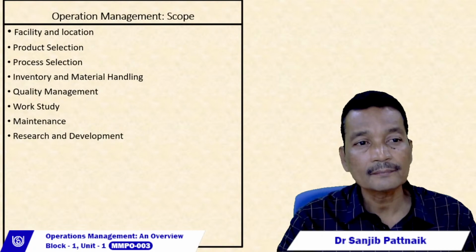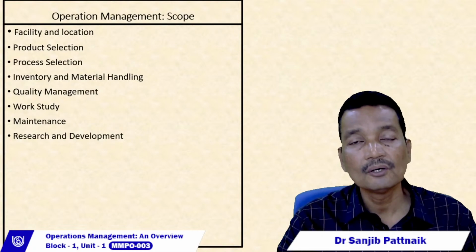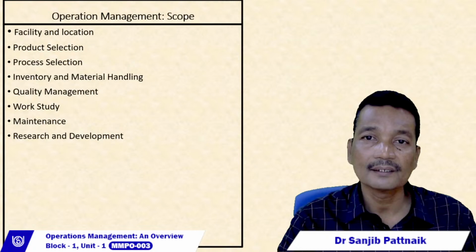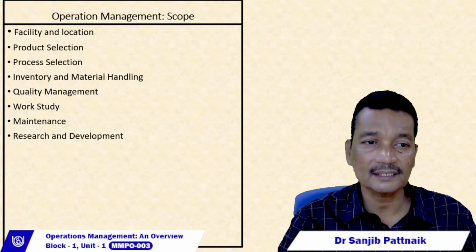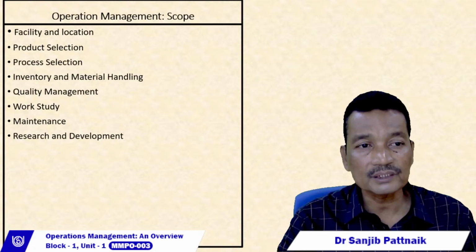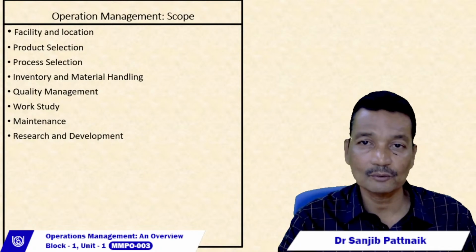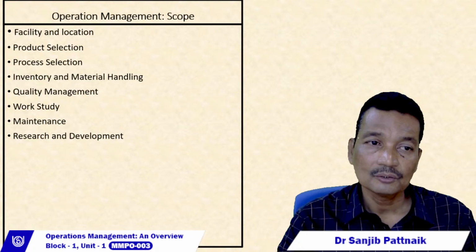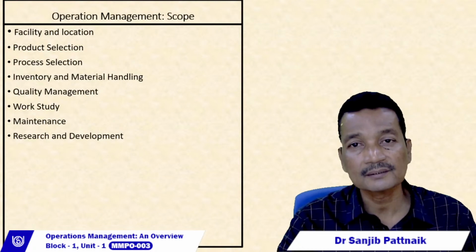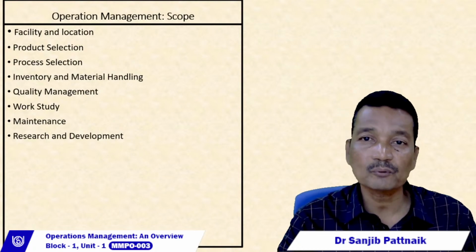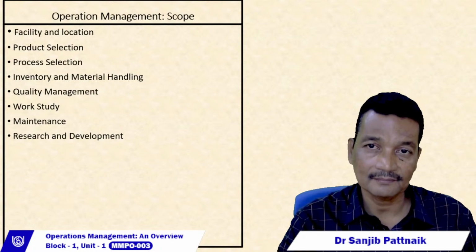You'll be finding various types of different production processes which can be adapted for the plant to be set up. So here the question comes, what kind of process shall we be selecting?